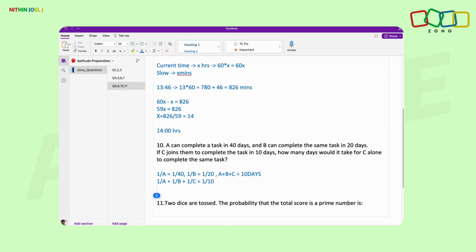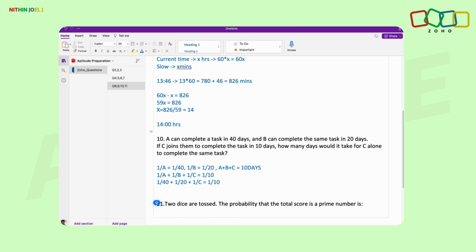We know the values of 1 by A, which is 1 by 40, plus B value is 1 by 20, plus 1 by C, which is equal to 1 by 10.